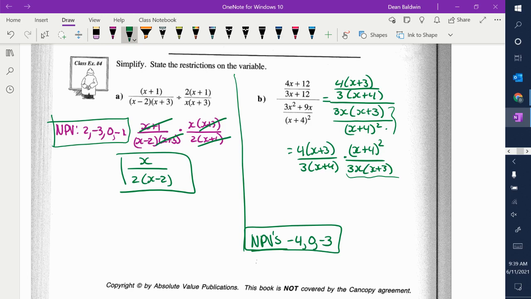Now you cancel. X plus 3 is gone. X plus 4 cancels one of the x plus 4s. All right, that's it. So my answer is nine x.